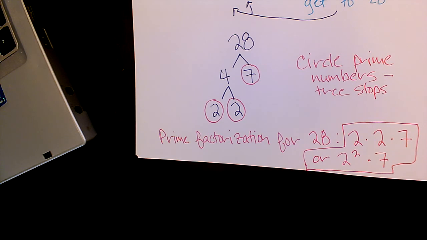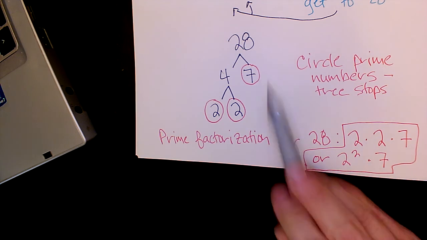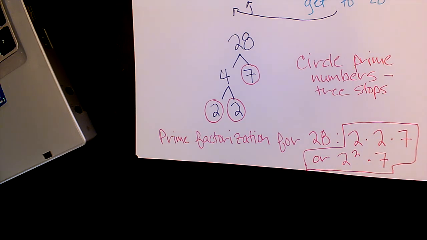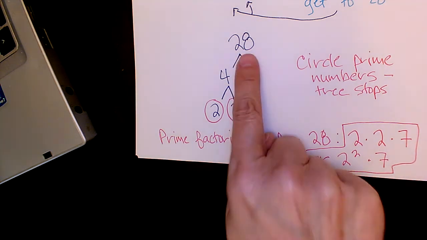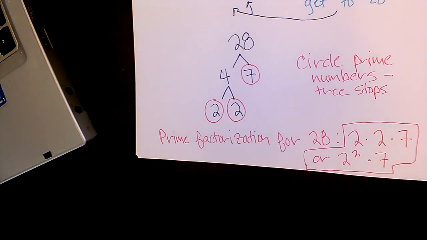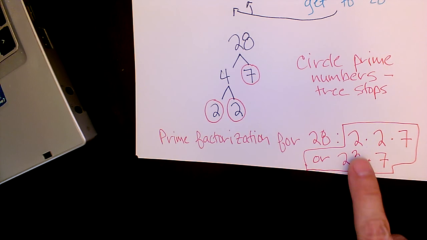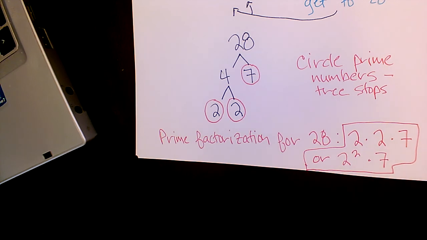And to check, if you multiply these numbers out, you get back to 28, you're right. So 2 times 2 is 4, times 7 is 28. We got back to 28, so we're good. And these are all prime numbers, 2, 2, and 7. Not bad.